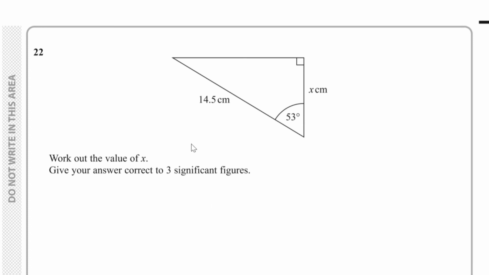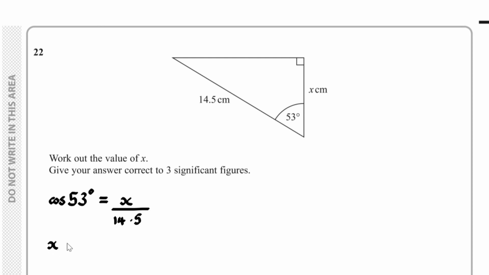Question number 22. We have to work out the value of x to 3 significant figures. Well, we've got a right angle triangle. This angle is 53 degrees. I've got x for the adjacent, 14.5 for the hypotenuse. What connects those is cosine. So we have cosine of 53 degrees equals x divided by 14.5.